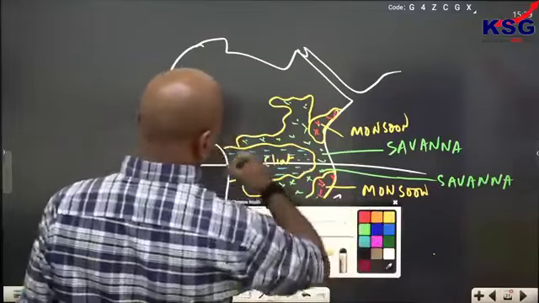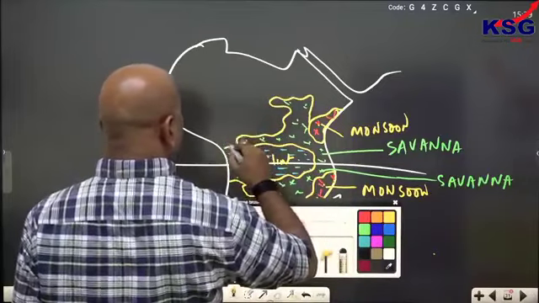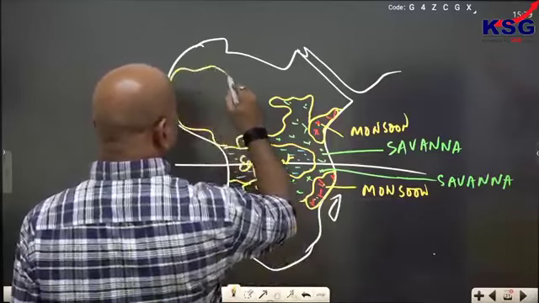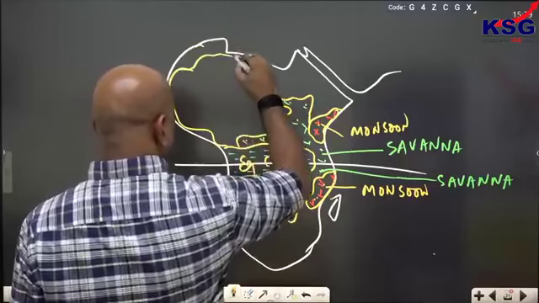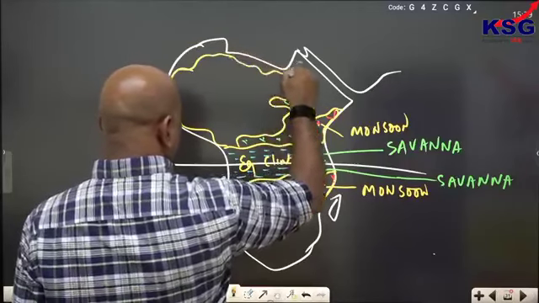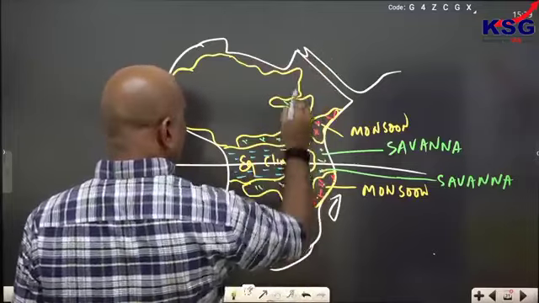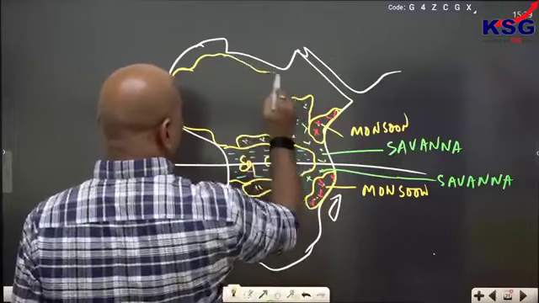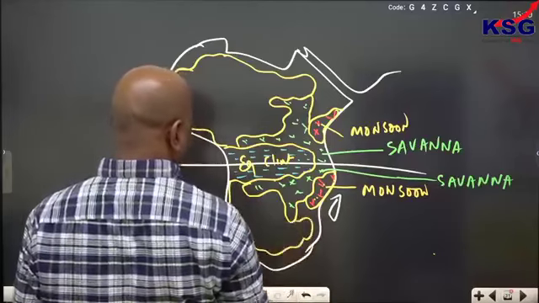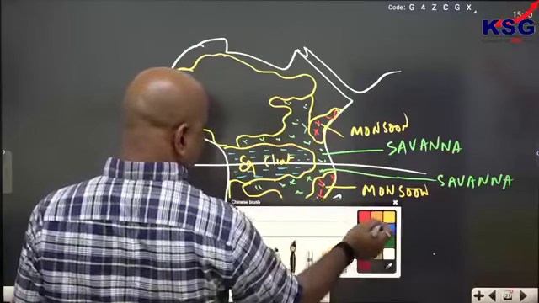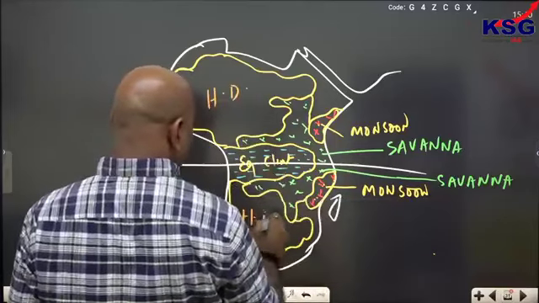Now if I'll go for this as the hot desert type, यहां पे भी ये जो है ना, this is hot desert type of climate, this is also hot desert type of climate.